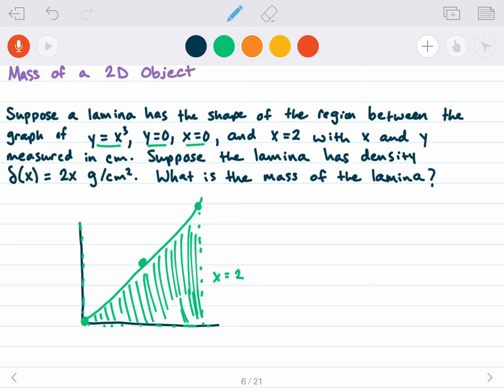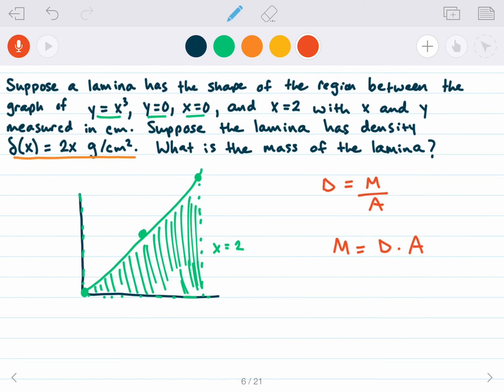And we have a density function. So in the two-dimensional case, remember what we had? The density was equal to the mass over the area this time. Now if I multiply both sides by A, the mass is going to be the density times the area.